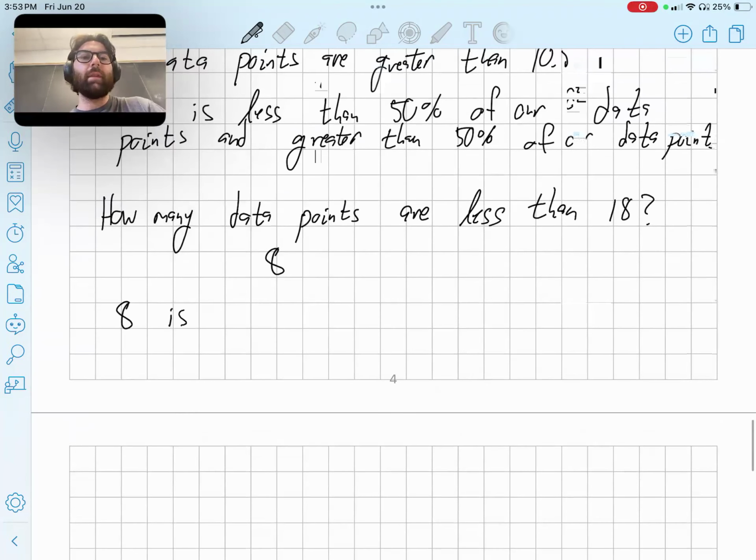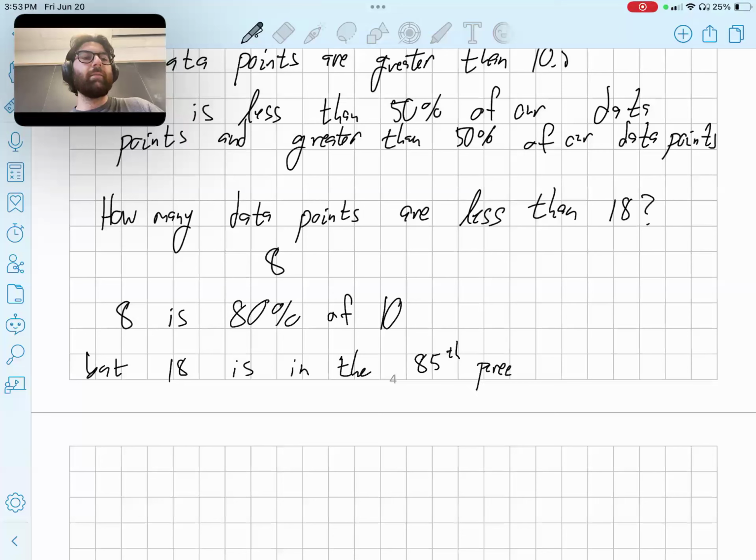But 8 is 80% of 10, and 18 is in the 85th percentile. Being in the 85th percentile means it should be bigger than exactly 85% of our data values, but it's only bigger than 80% of our data values.